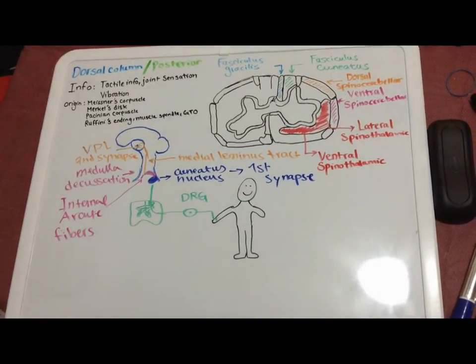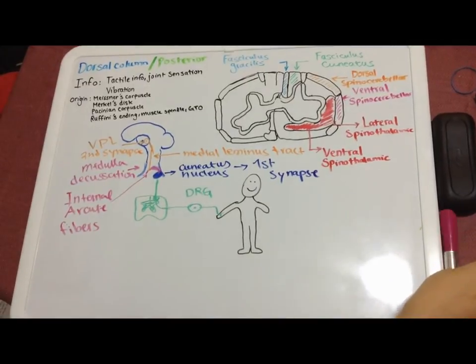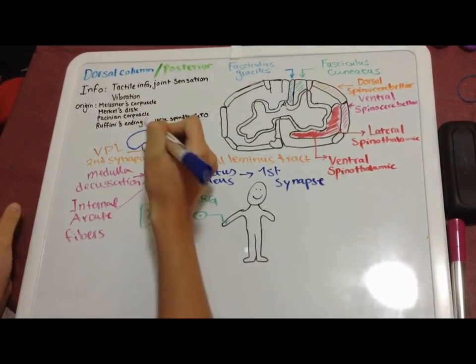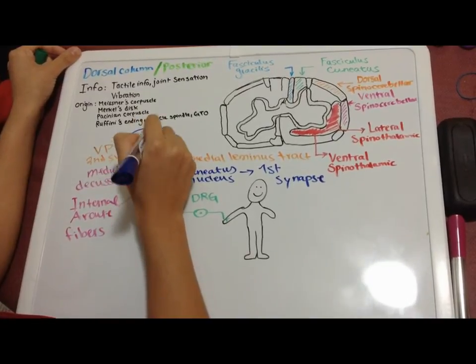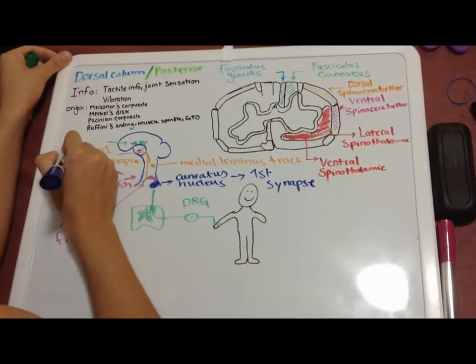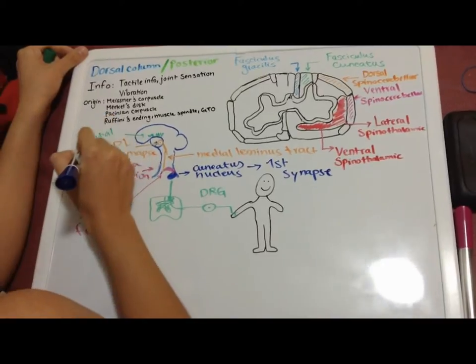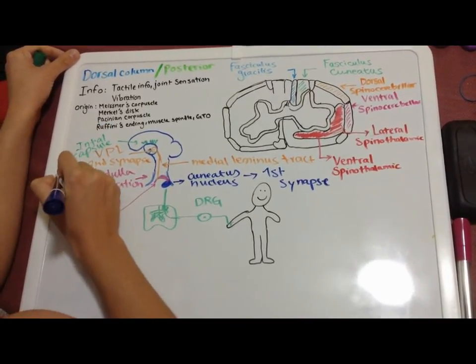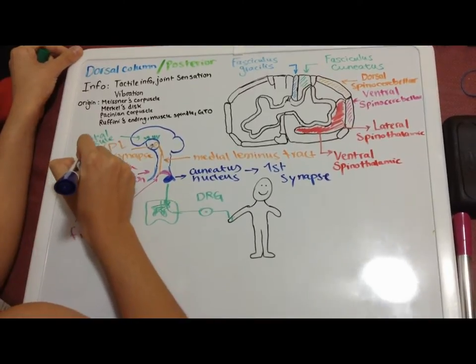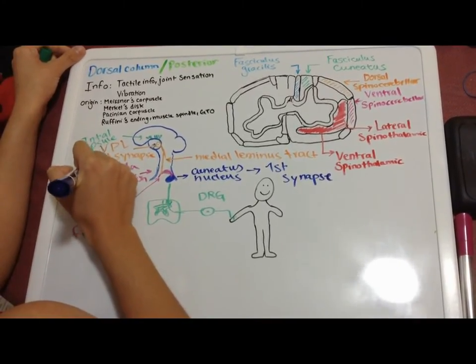So after here, the information is going to go to your projecting fibers. The two projecting fibers that it's going to go through are the internal capsule and your corona radiata.